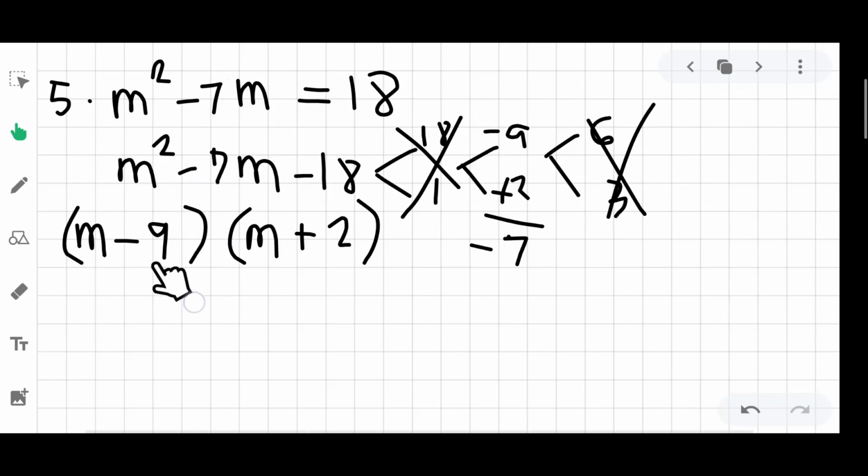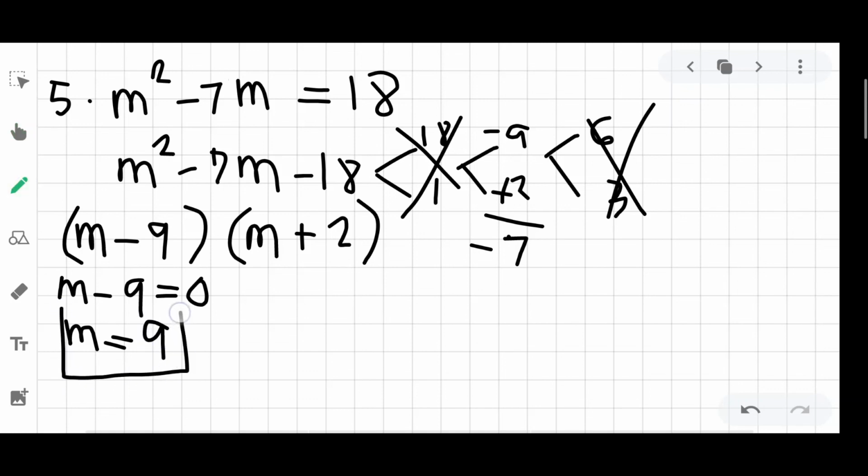Gamitin muna natin yung unang factor na nakuha natin, which is m minus 9. M minus 9. Lagyan natin ng equals 0. Bring down m equals. Si negative 9, pag tinranspose mo, magiging positive 9. And this is our final answer.